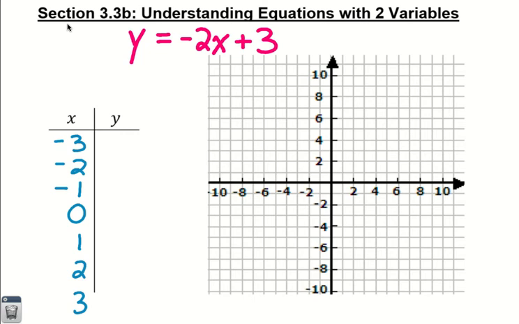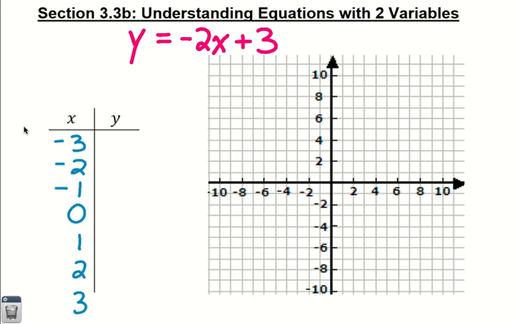So making a table for a two-variable equation is pretty simple. You normally just pick, I'm going to say random x values, but sometimes it's not so random. This group of numbers is, I would say, a pretty common group that you would pick to plug in for x.